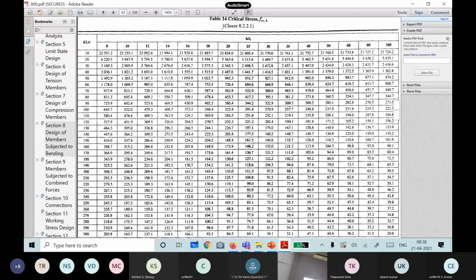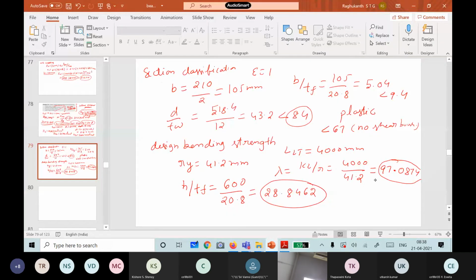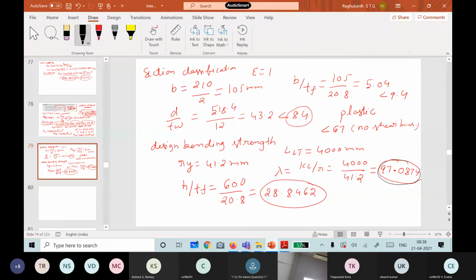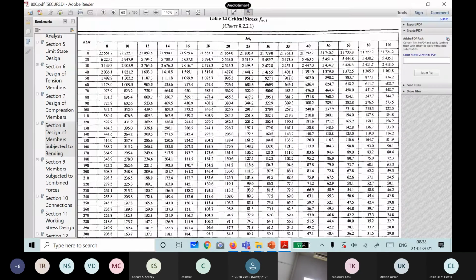Now in our problem, what is KL by R? In our problem, KL by R is 97.0874 and H by TF is 28.8462. Now from this chart, H by TF is 28, somewhere between 25 to 30. Then this is 97, which means 90 to 100. Now what is approximately the value?